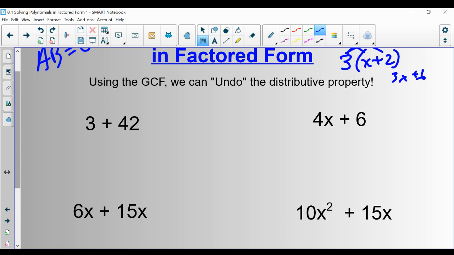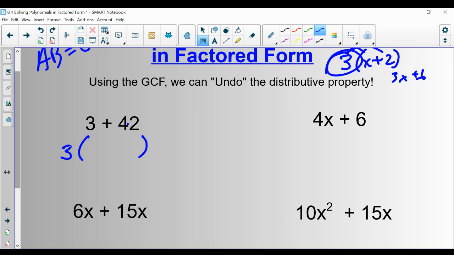So the greatest common factor between 3 and 42, hopefully you're getting good at this, is 3. So we can utilize the distributive property in essentially reverse. We can put it back into parentheses by taking out the common factor and writing it out in front of parentheses like this.